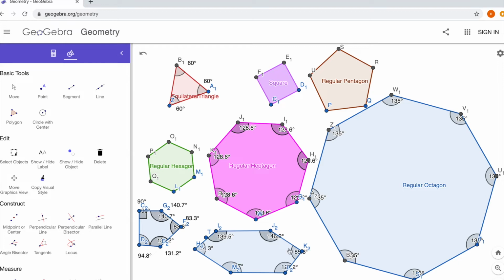Again I move it to look clear, 139.5 degree, 146.2 degree, third angle is 85.8 degree, fourth one is 127.2 degree. So we see that all angles are of different measure, 147 degree and 74.3 degree. So what do we see in irregular polygon? When sides are not same and angles are not same.